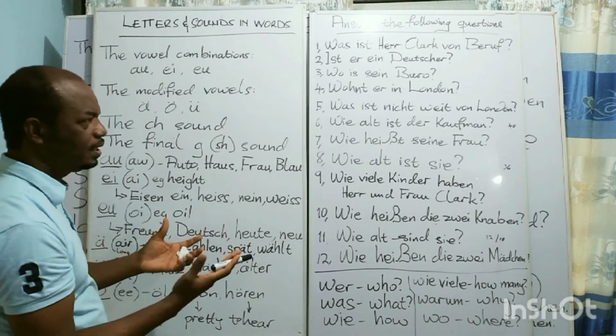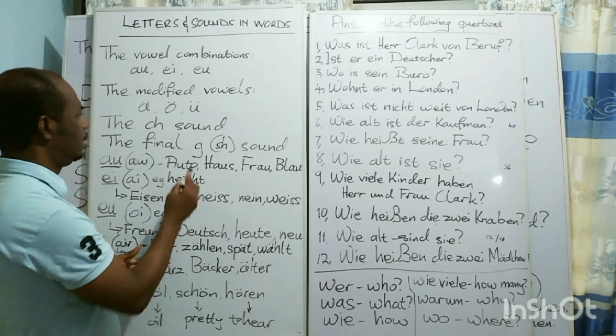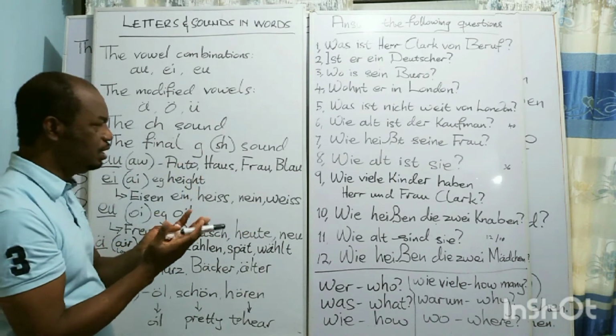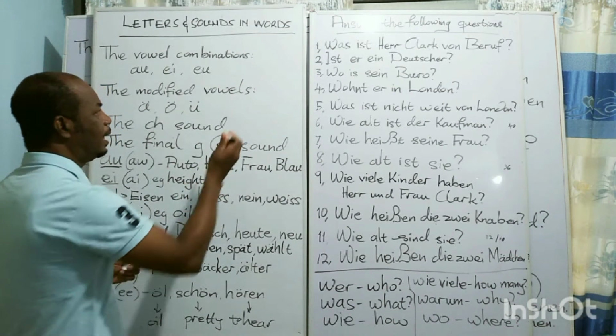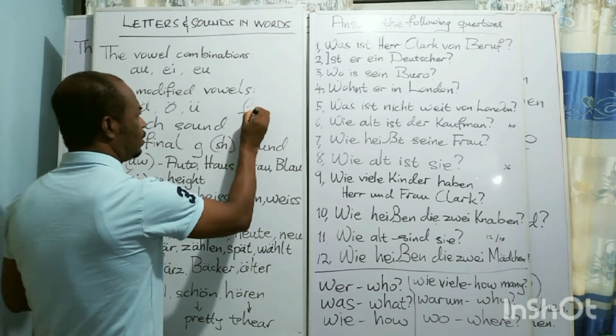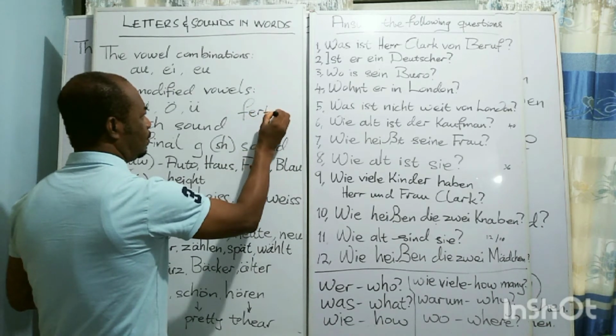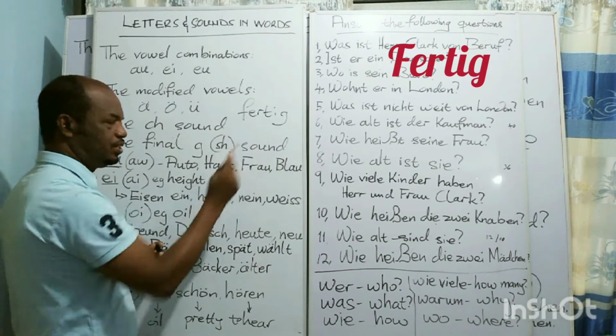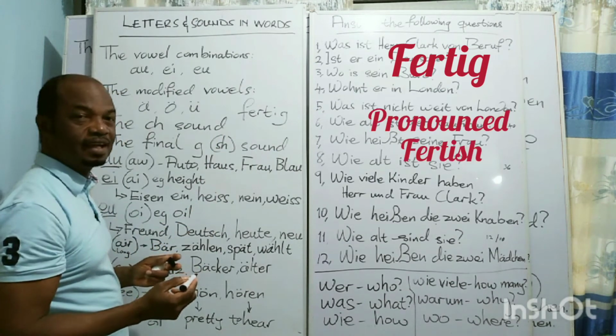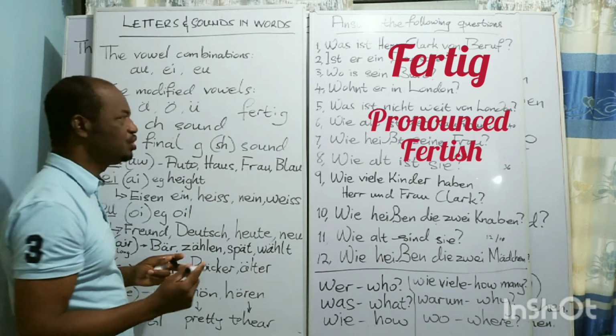And when you have a word that ends with G, you don't pronounce it G, but you pronounce it sh, like finished. Finished, fertig. You don't say fertig, you say fertish.